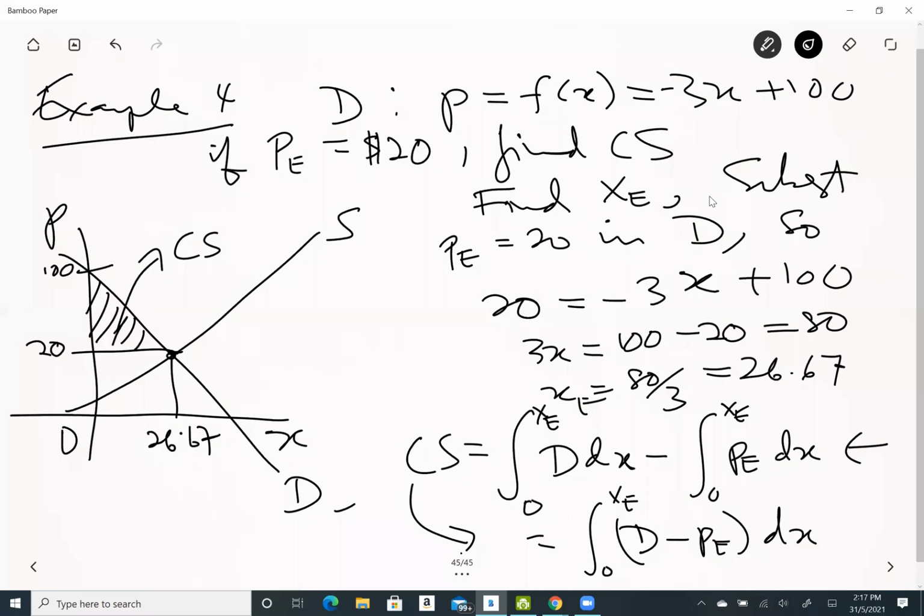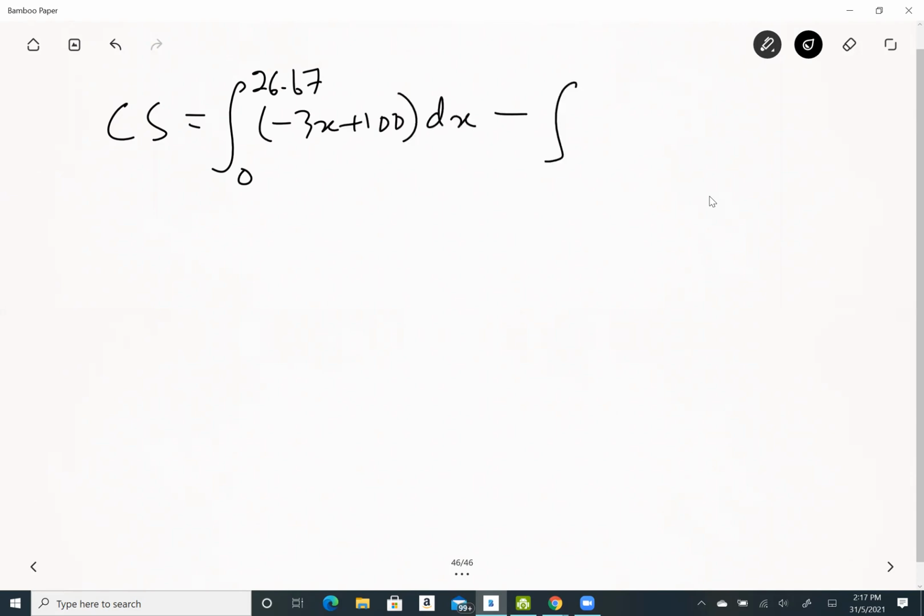All right, so you put in the function and the values. The consumer surplus is equal to the integral from 0 to xe, which is 26.7, of the demand function, negative 3x plus 100. And then you take out the integral from 0 to 26.67 of the market price, which is the rectangle, 20 dx.